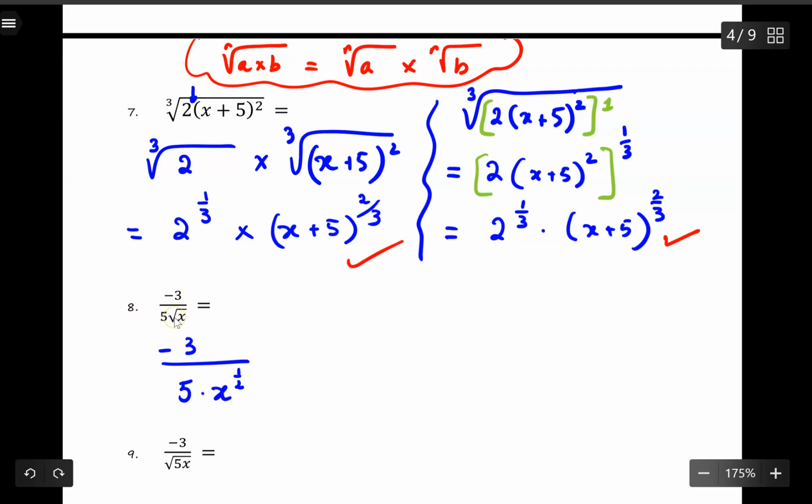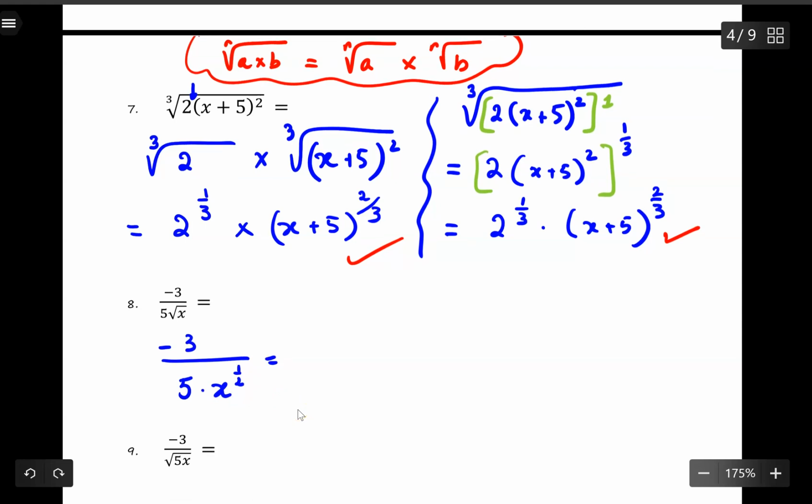The square root of x, you can write as x raised to the exponent 1/2. Then, because you only have to raise x to the negative exponent in this case, you can leave the 5 in the denominator. So in this case, I have 3 over 5 multiplied by x to the exponent negative 1/2.